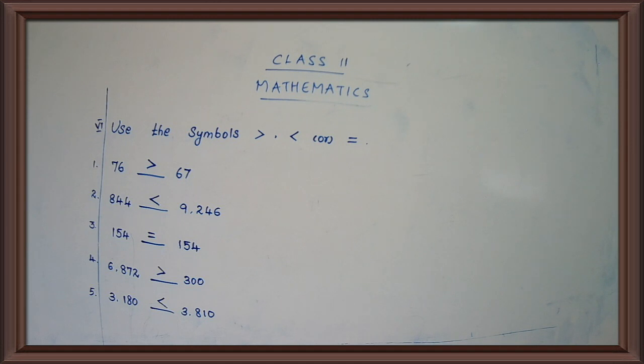You have to use the symbol for equal to. 154 is equal to 154. See the fourth one. Leave one finger space and start the fourth one, okay?